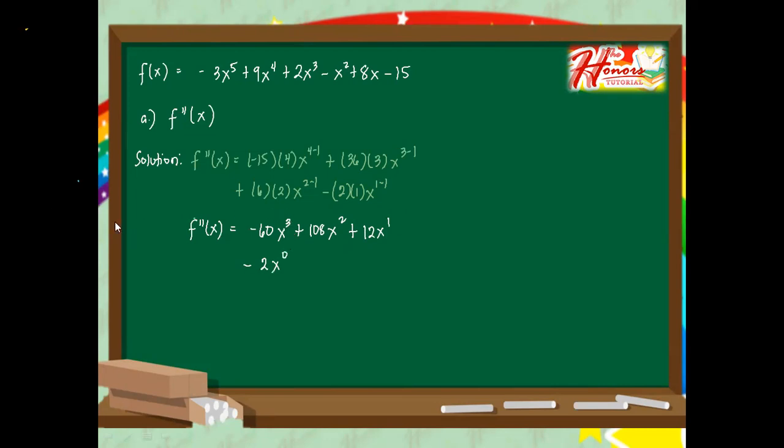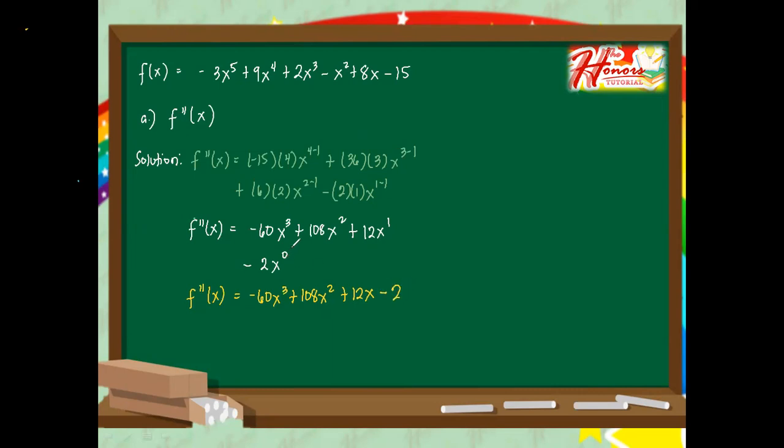Let's continue simplifying this. So we have here f, the second derivative, is equal to negative 60x cubed plus 108x squared plus 12x. We will be writing it as x minus 2.